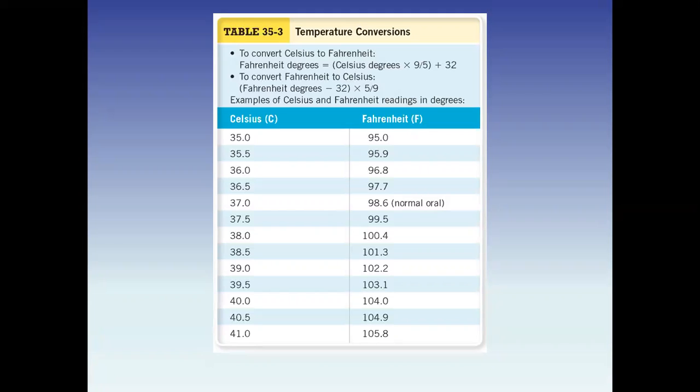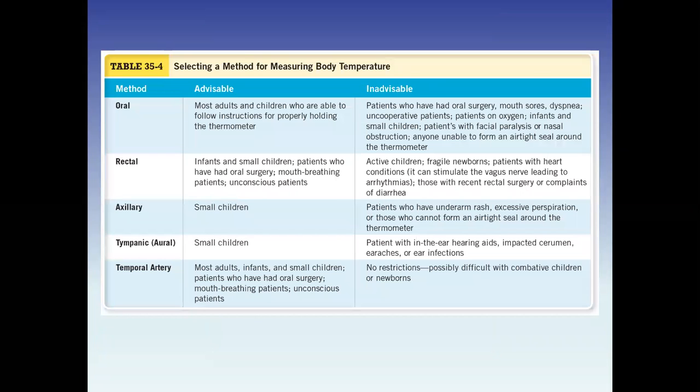This explains the Celsius and Fahrenheit readings in degrees. These are examples of Celsius to Fahrenheit or Fahrenheit to Celsius. And these are the sites for measuring the body temperature.